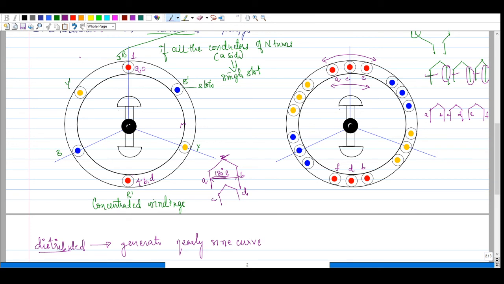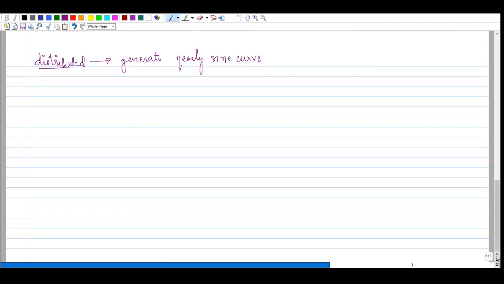The thermal heating is not distributed and is more concentrated within one point. If we distribute the windings, then the heating is more uniform, hence the cooling can be done very easily. So the other advantage is that we can have uniform heating, and thus the cooling becomes easier.